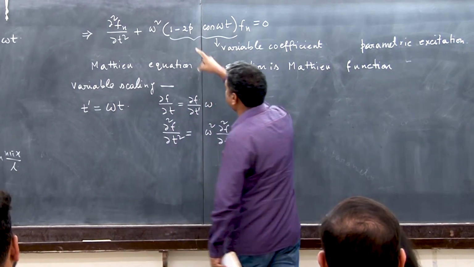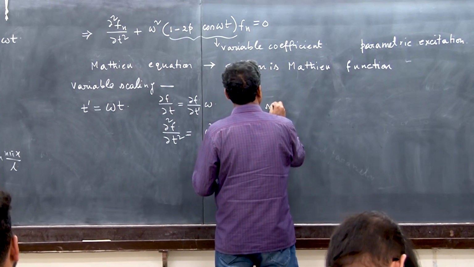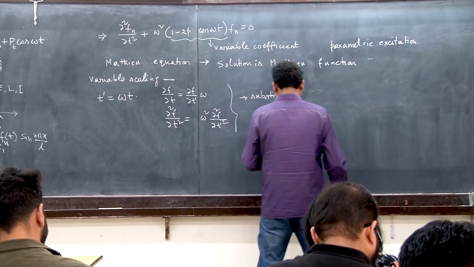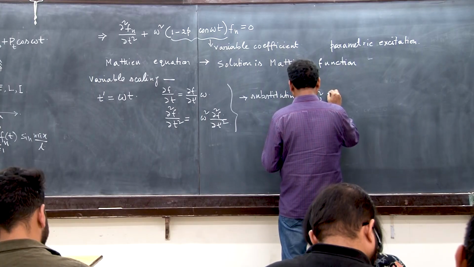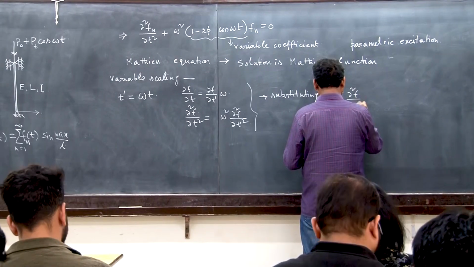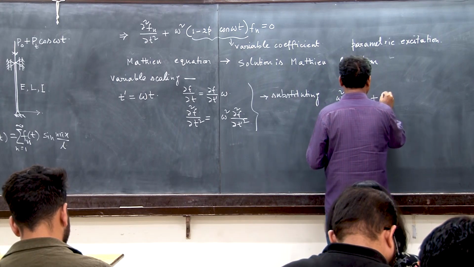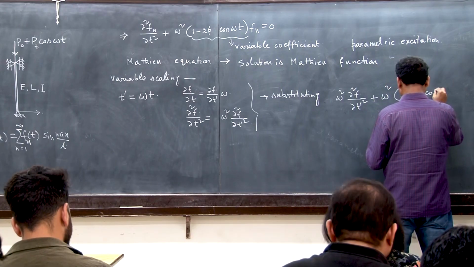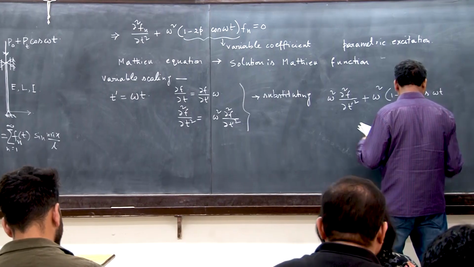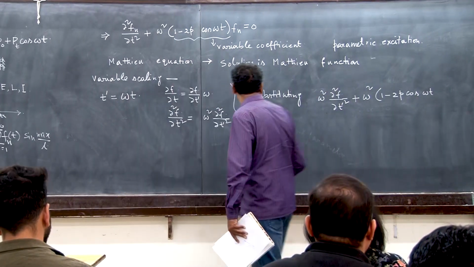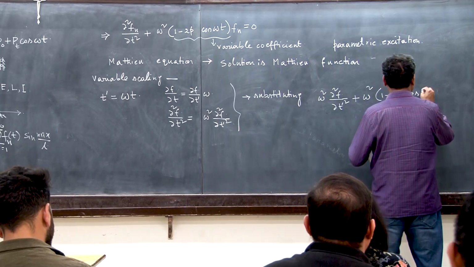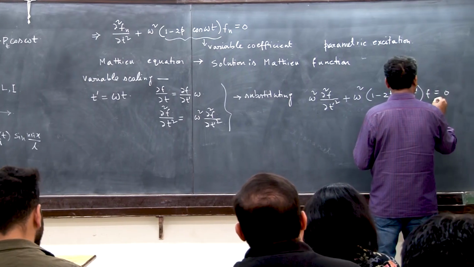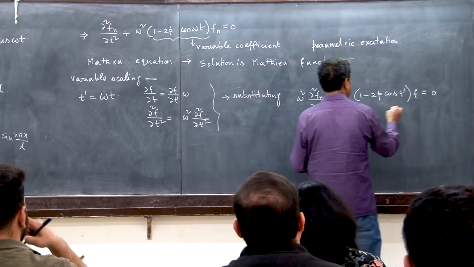Then substituting in the equation, you can write omega square del 2f del t dot square plus omega n square 1 minus 2p cosine of t dot times f is equal to 0, or f or fn, whatever you would like to put.